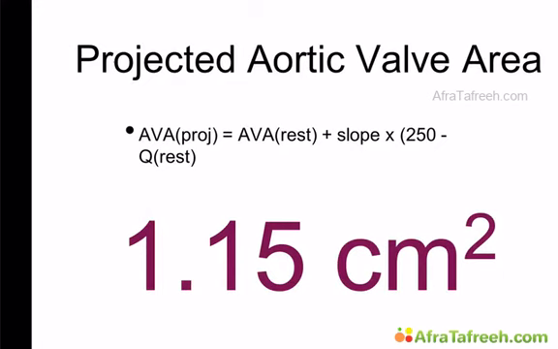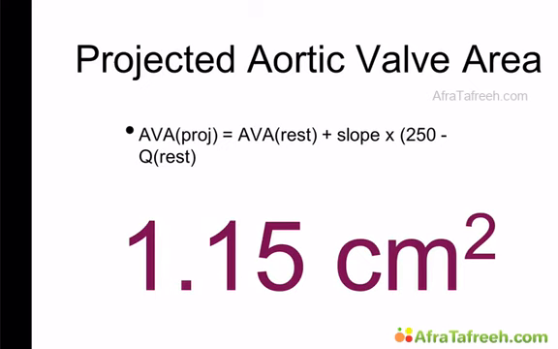The point I'm trying to make here is that the patient did not have a significant increase in the gradients, and that his aortic valve area increased from 0.6 to, I think it was 1.2, and that this is a sign that the patient does not have significant aortic stenosis. There is another thing that you can use in such patients, or at least in patients who do not exhibit an increase in contractility.